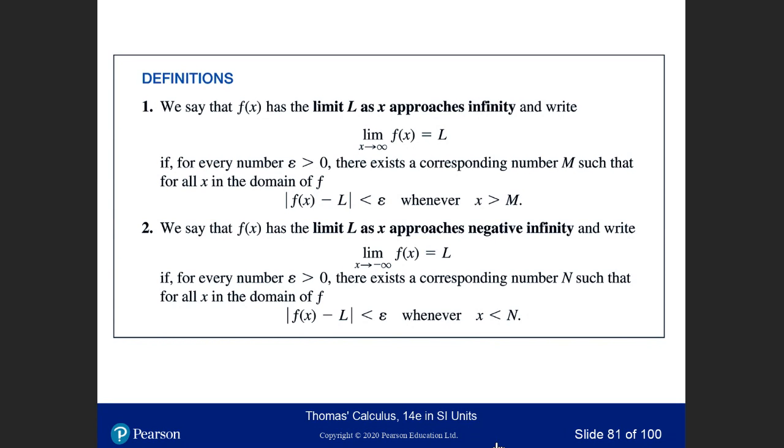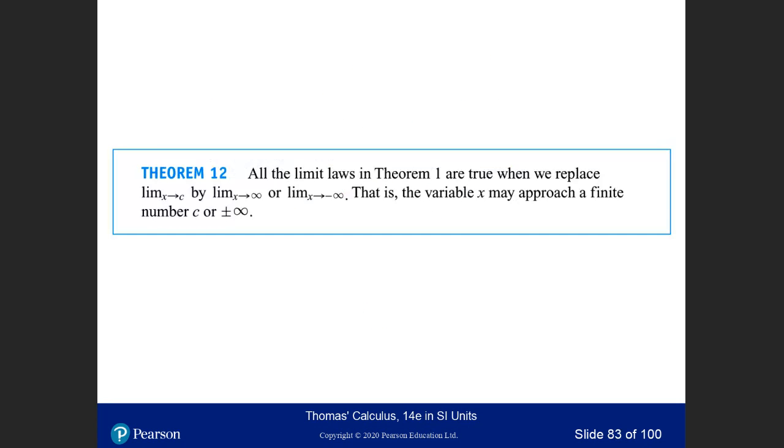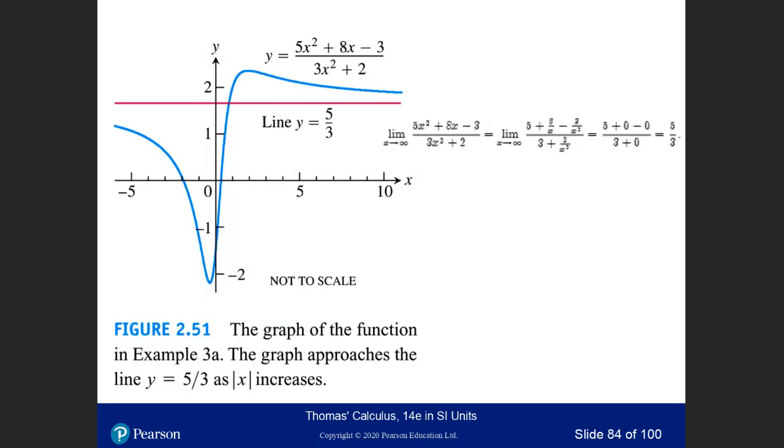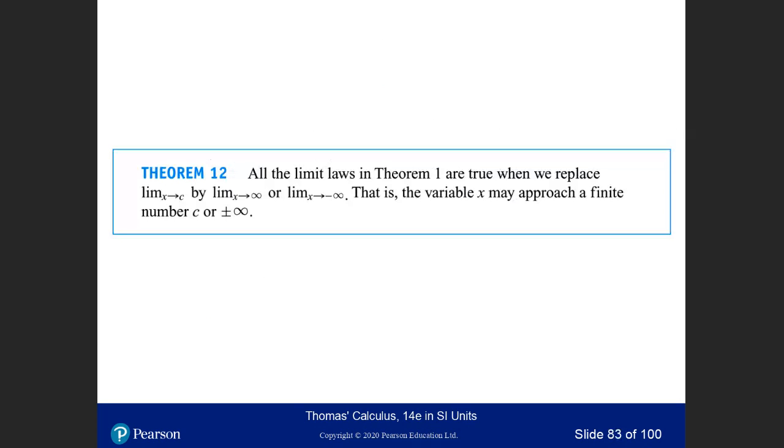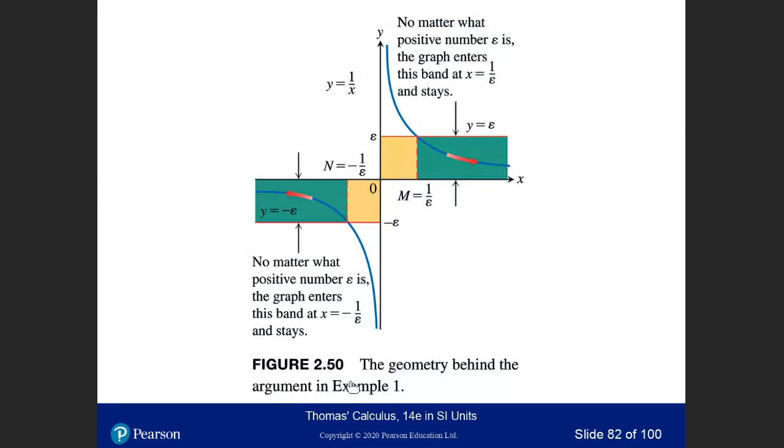We have given an example in the previous slide. Let's go over this example. Okay, that's 1 over x again. Suppose you give me an epsilon. It could be a small number. And we want to show that as x goes to infinity, the function goes to 0, and as x goes to minus infinity, the function goes to 0.